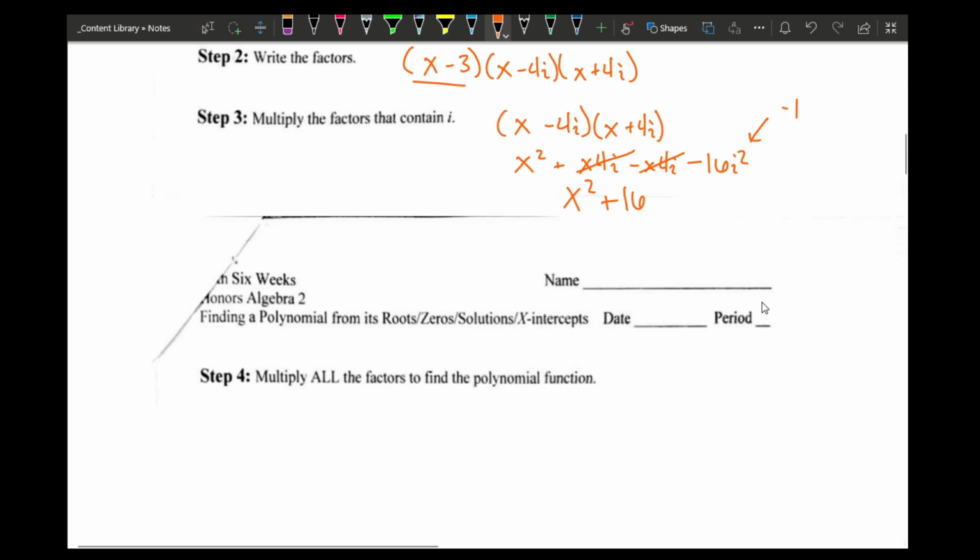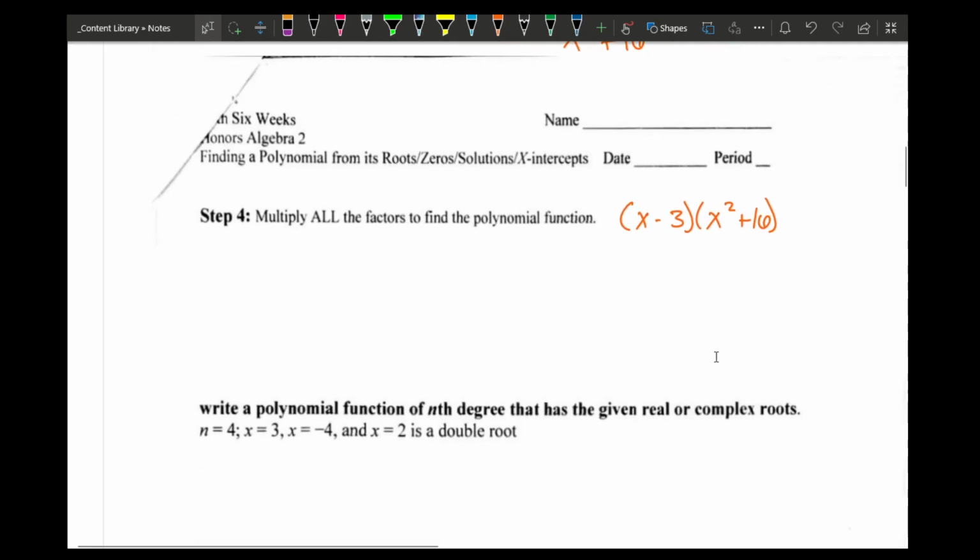So I'm going to write down before I forget. We said x minus 3, x squared plus 16. And now I multiply these two binomials together to get the equation that would have got me all those answers. So x times x squared gives us an x cubed. x times 16, so we get a 16x.